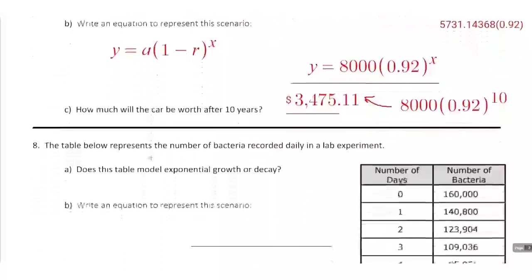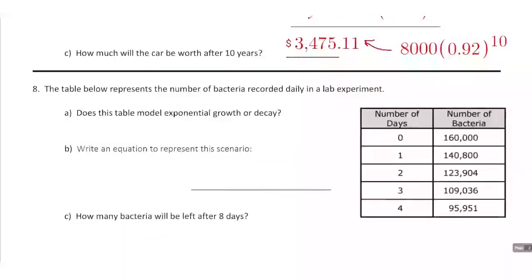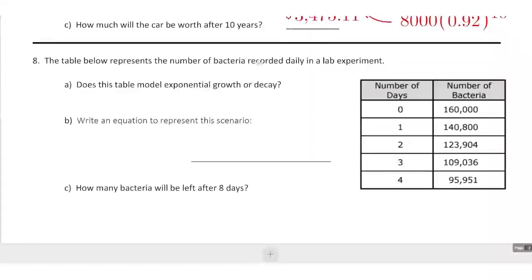Number 8 says the table below represents the number of bacteria recorded daily in a lab experiment. And we can see that the number of bacteria are decreasing, so we've got exponential decay. We want to write an equation for this, so we need to figure out what's being multiplied here.